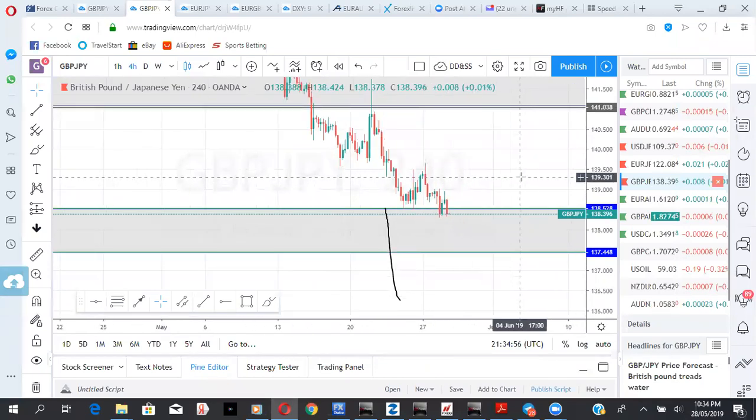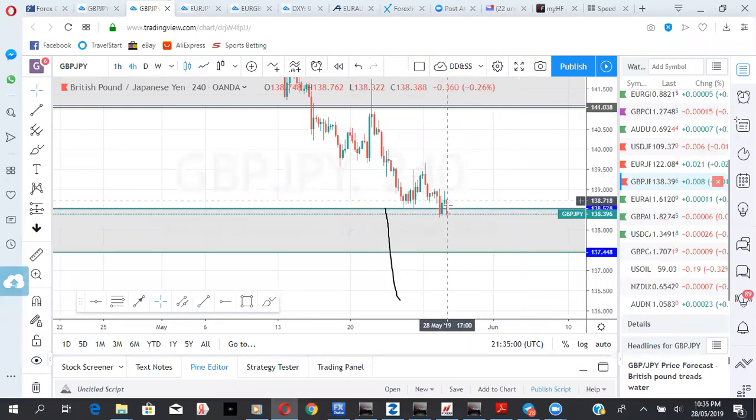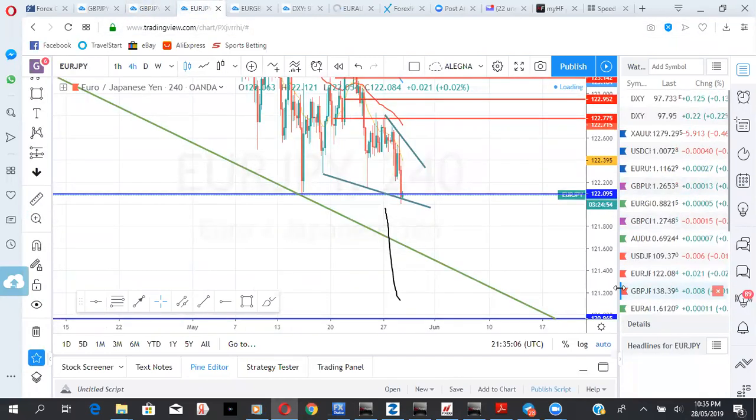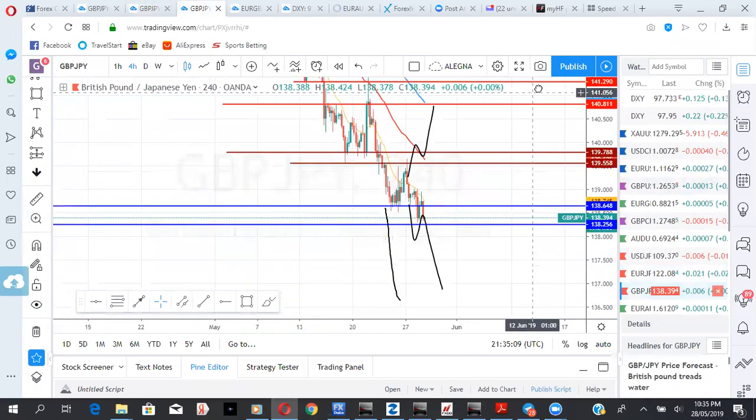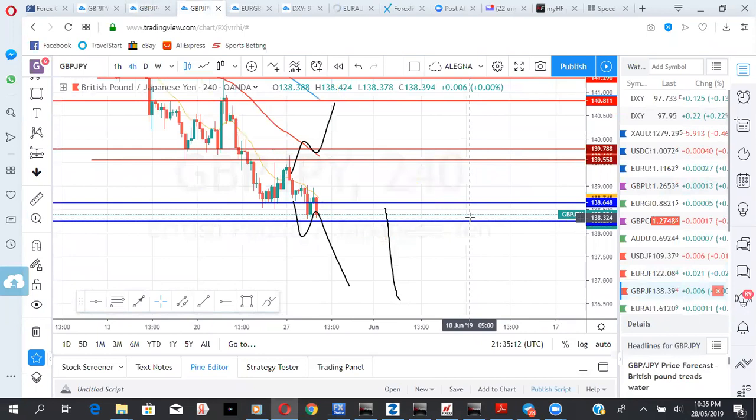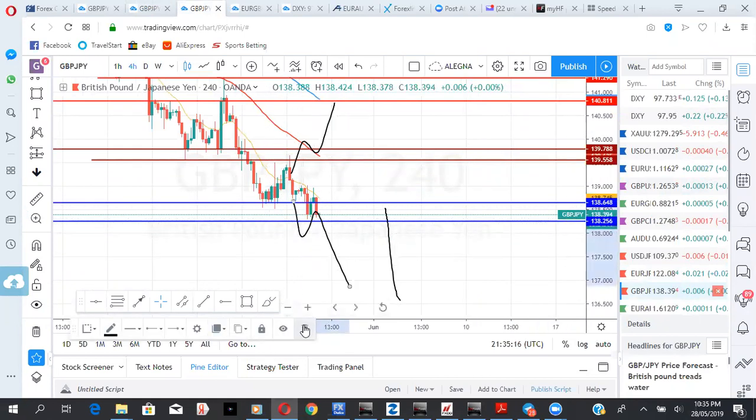So for this Pound Yen, definitely it is at what might look like a double bottom. So let me just get into my chart and have a better view of it. So this is what I have here. Like I said, if it breaks here, as you can see, it seems to have broken it.